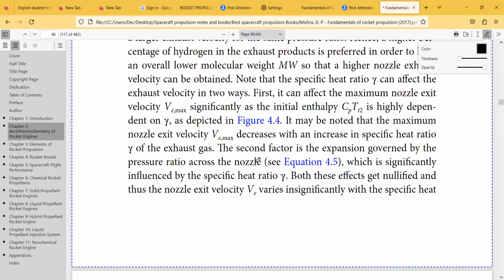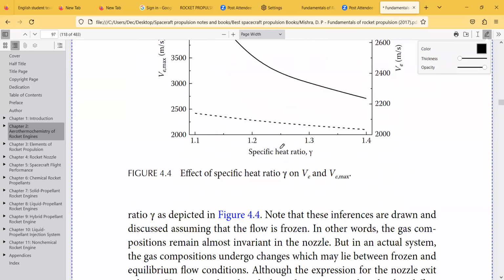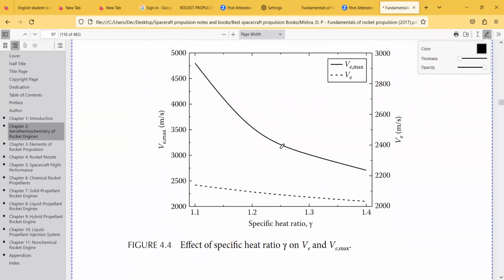Another important thermodynamic relation is between the maximum exit velocity V_E max in meters per second versus the specific heat ratio gamma. Gamma can be 1.1, 1.2, 1.3, 1.4.